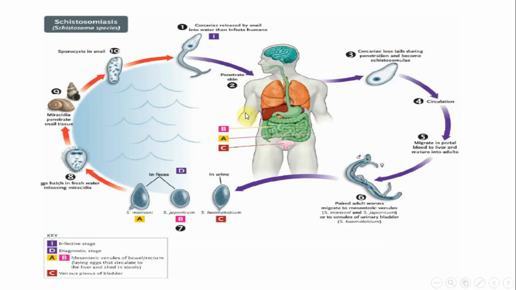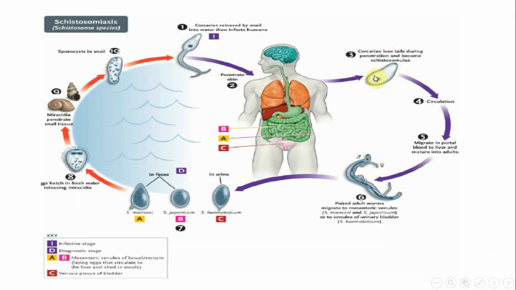You see in this figure the infection occurring by the infective stage اللي قلنا هو اللارفا الموتايل larva اللي تسمى بالسيركاريا. This cercaria will penetrate the skin of the human and from the beginning will lose its tail, and convert to the schistosomule.